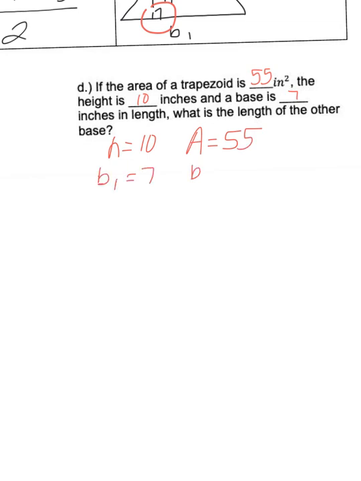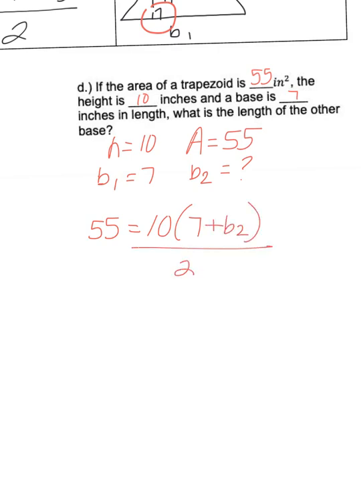So we need to figure out what base 2 is. Let's put that into our formula. A, I know, is 55, equals H, which is 10, times my B1, which is 7, plus B2, we don't know what that is, all over 2.